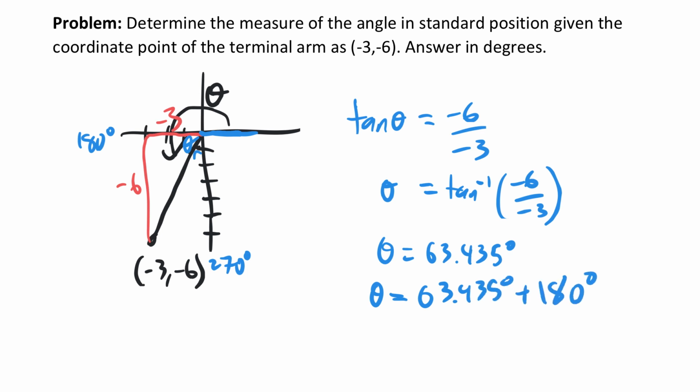In some ways, what we have here is theta r. We have the reference angle from the little triangle, not the overall theta. And how do we know to add 180? We can just look at the diagram and figure out kind of roughly what quadrant it's supposed to be or what angle we're supposed to add. And we get 243.435 degrees.